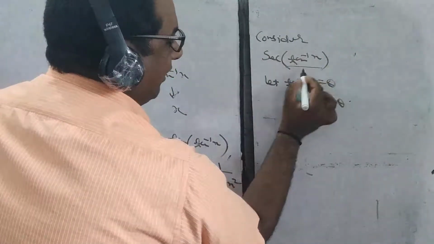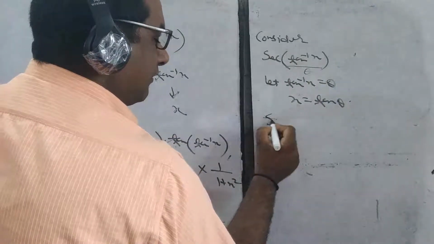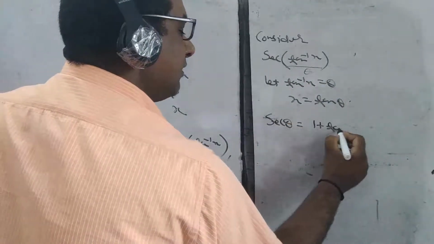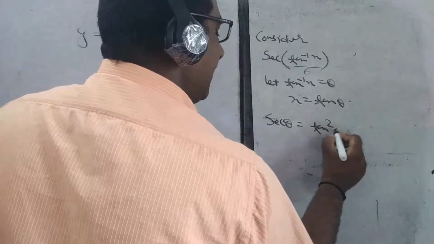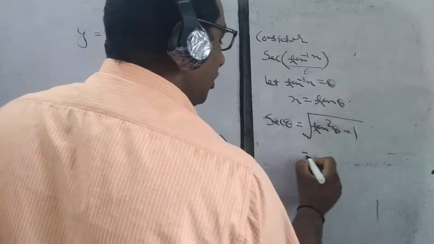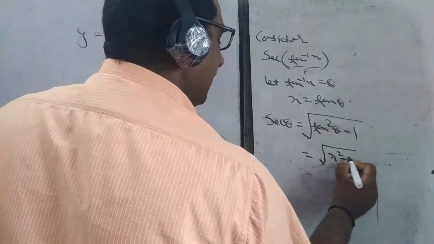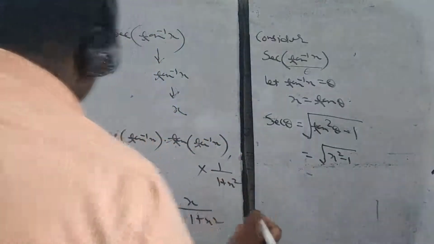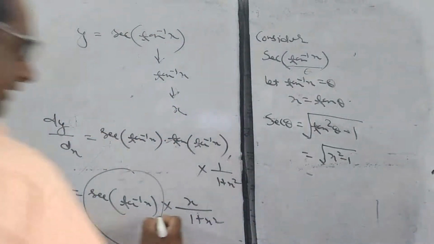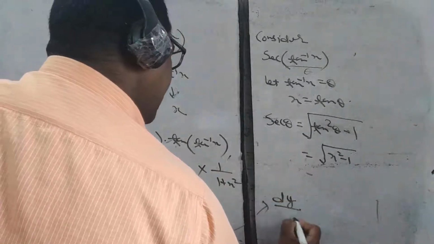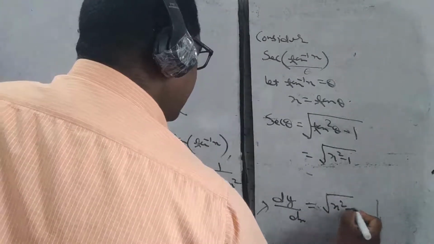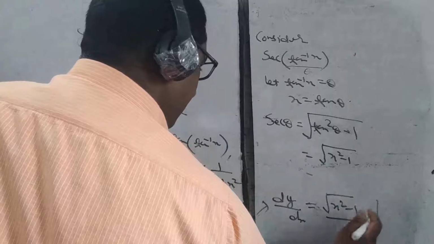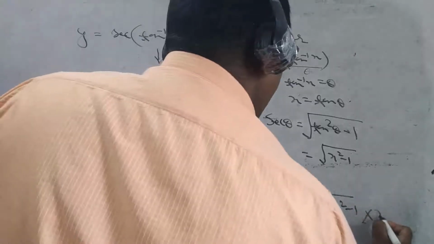Sec theta is equal to under root tan square theta plus 1, so under root x square plus 1. Therefore our answer is dy by dx is equal to under root x square plus 1 into x upon 1 plus x square.